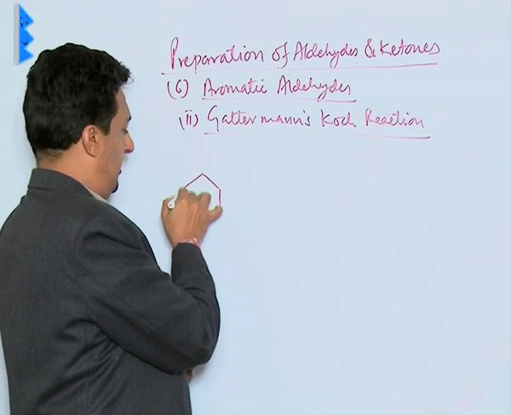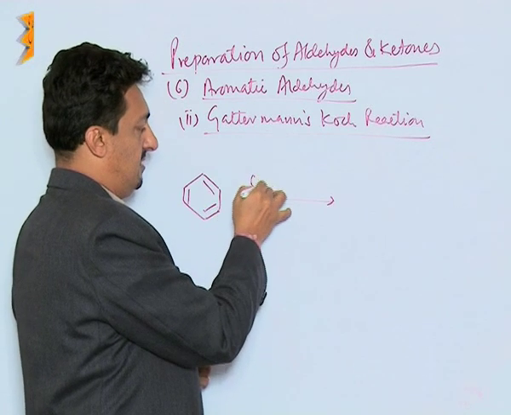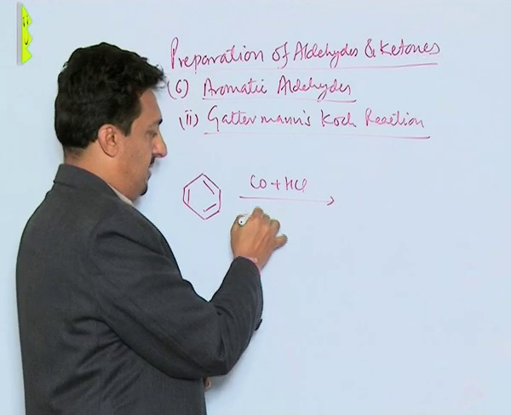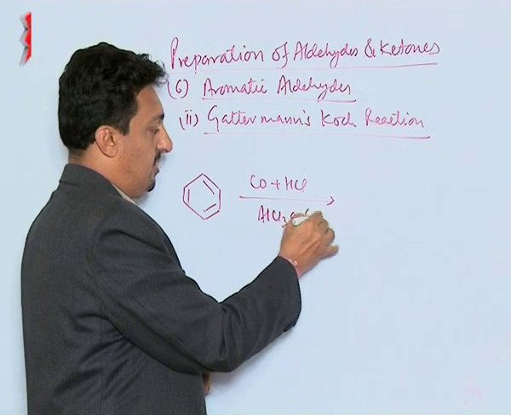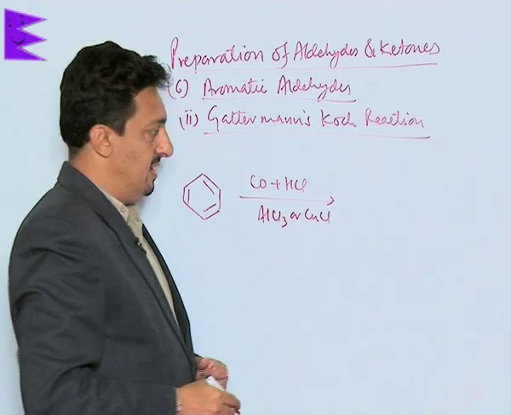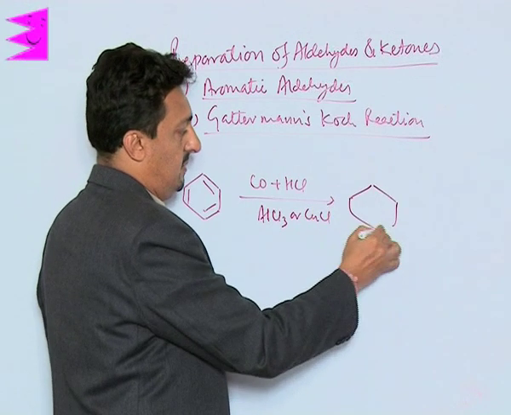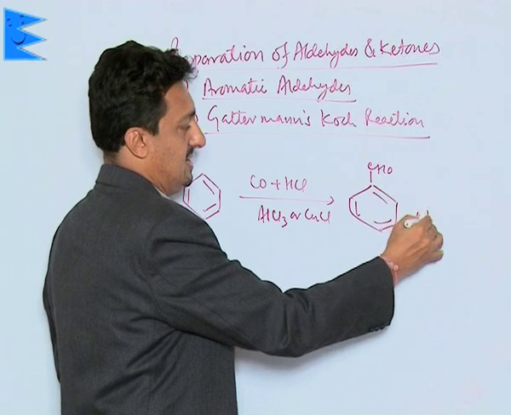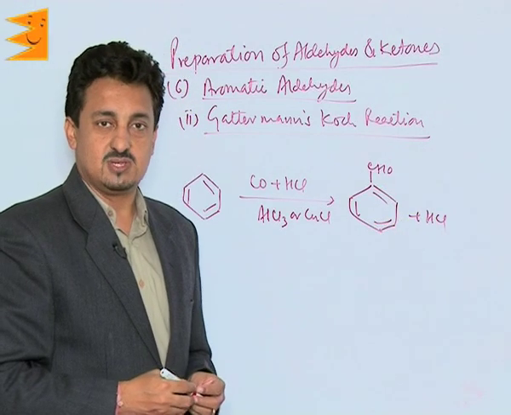Yes, it's a method of preparing benzaldehyde directly from benzene by using carbon monoxide, HCl in presence of anhydrous aluminium chloride, or we can take cuprous chloride. It's an example of electrophilic substitution in which what we get is benzaldehyde and HCl. So this is called Gattermann's Koch reaction.